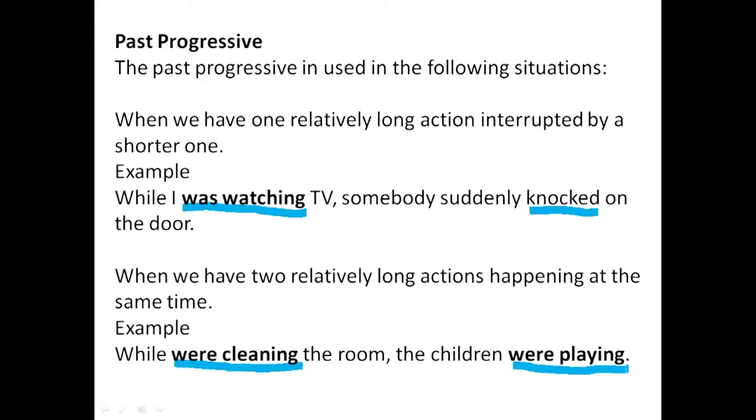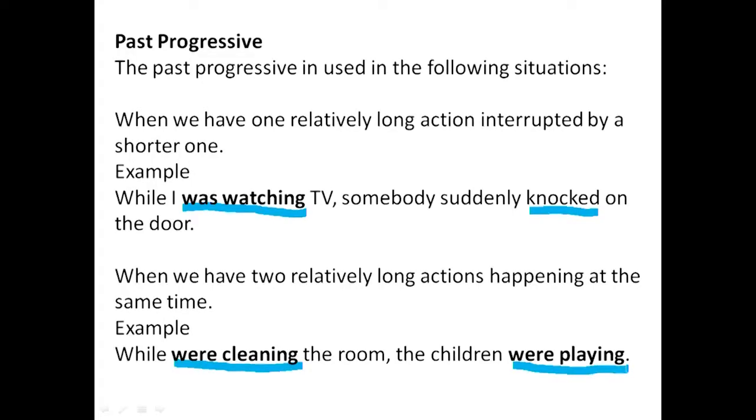Remember, you have to know the situations in which these tenses are used. When you have them in mind, you will apply them whenever such circumstances arise. Very, very essential. So while we were cleaning the room, the children were playing. You see, two relatively long actions happening at the same time. The first usage has to do with what?